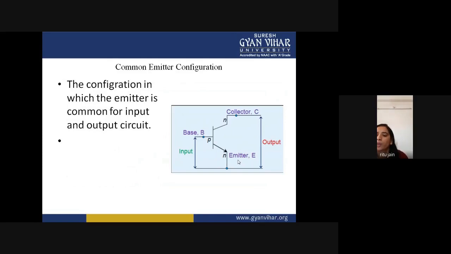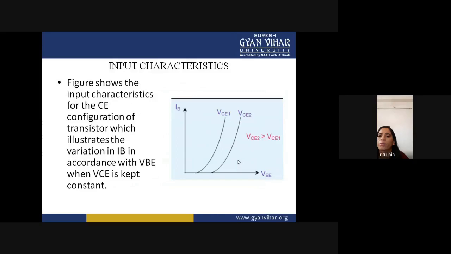The input current is your base current and input voltage is your base-emitter voltage. The output current is your collector current, and output voltage is your collector-emitter voltage. Like common base and common collector, we can draw the input and output characteristics of common emitter configuration.